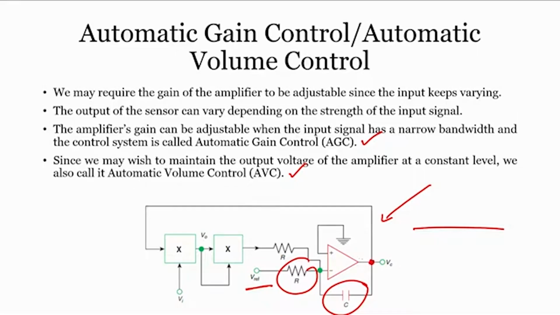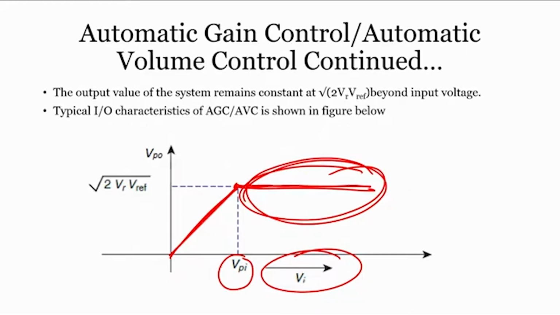Again there is a feedback signal. If there is an error, that error signal goes here, and then we compare it with this input voltage, which is further rectified, and the error is subtracted to make sure the output voltage remains constant. The signal obtained here is always compared with the reference voltage given here. In terms of operation it is very simple, and the output of the system remains constant at root of 2 times Vref.